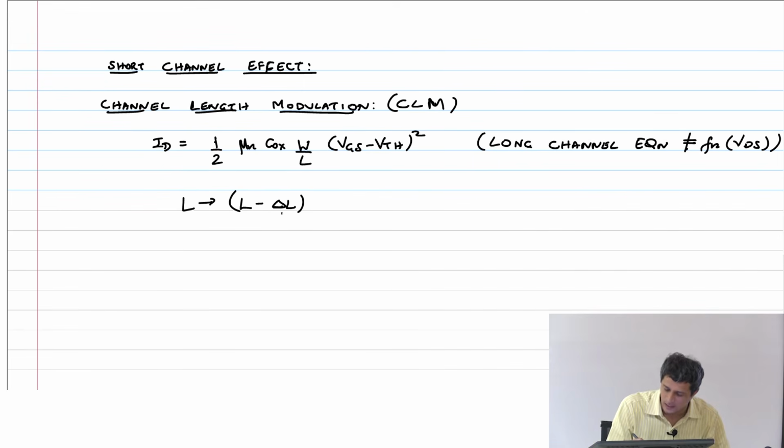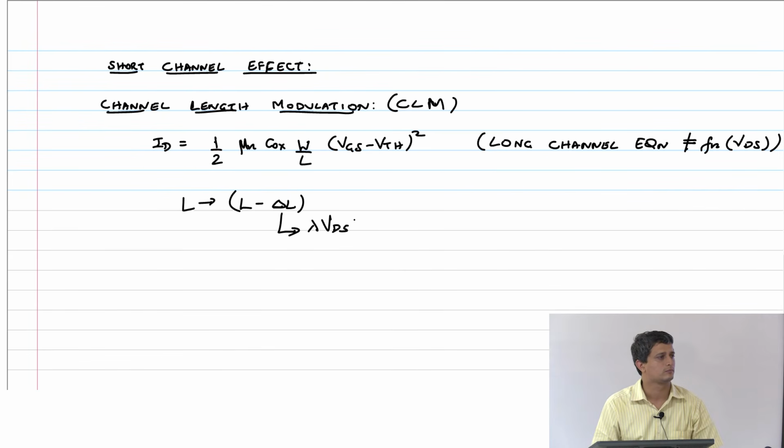We say that this delta L is approximately linear with VDS. It's a fitting parameter. If VDS goes up, delta L should go up, since it is L minus delta L. So lambda again is going to be a positive quantity.